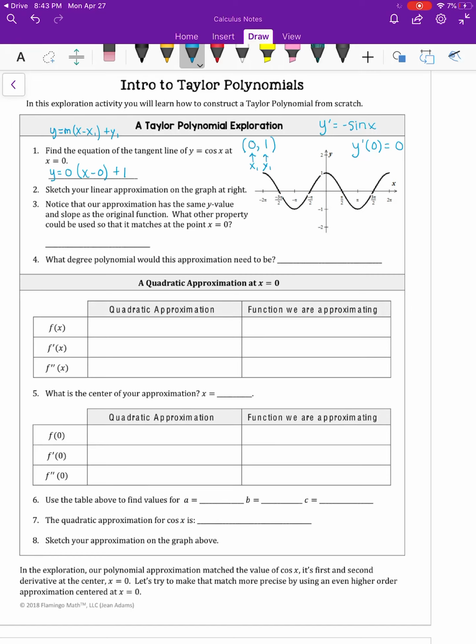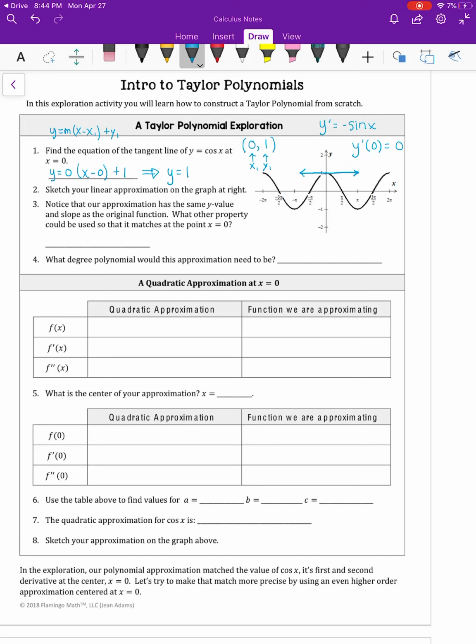So this point is my x1, y1 point. And that's where the equation of the line is going to be. So if I simplify this, it's just y equals 1. So right here, the equation of my tangent line at x equals 0 for the function y equals the cosine of x.